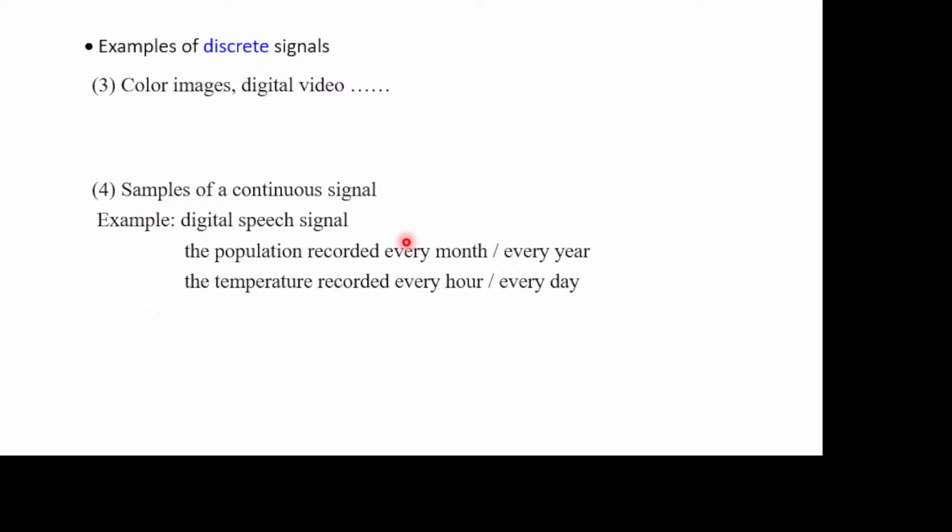If you have a continuous time signal, it goes up and down, up and down. And if you just sample it at the integer values like this, you just record the function values at those integer values and discard everything else, then you will get the discretized signal.